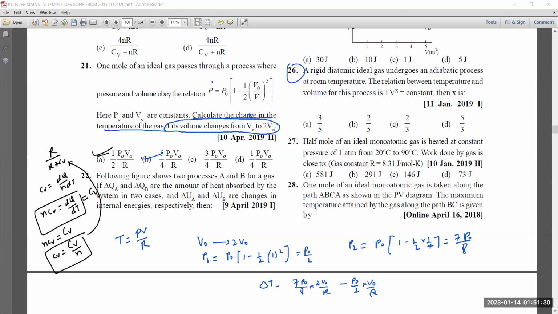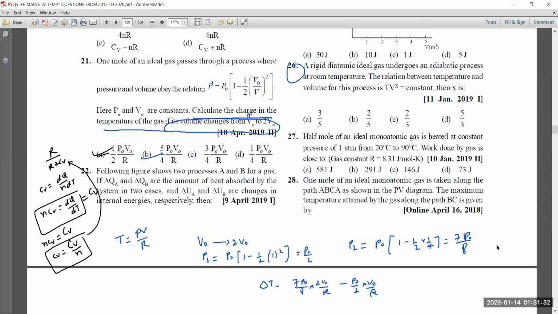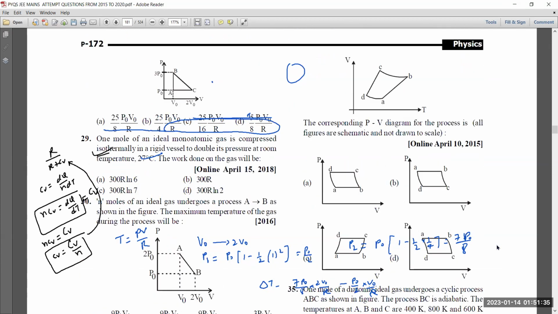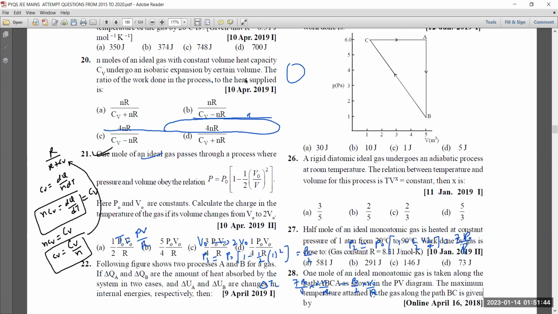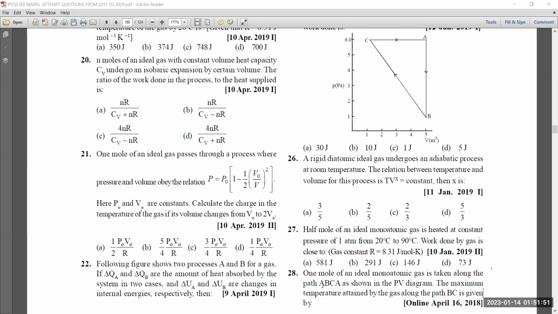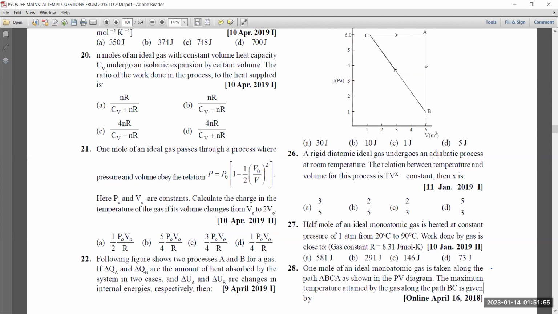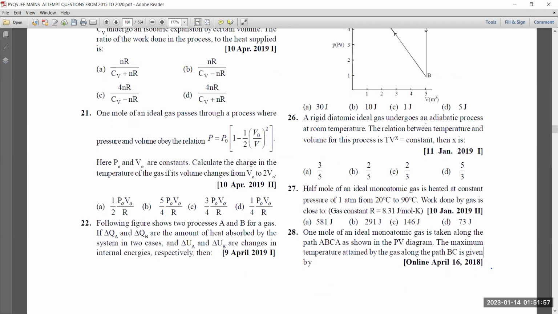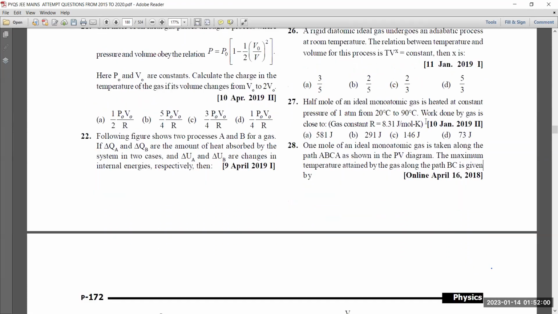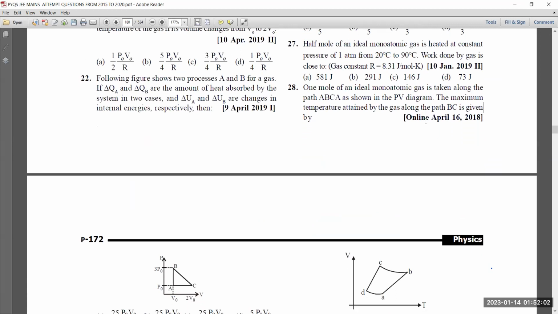This chapter, I'm sure you will be able to solve if thermo comes in the exam. And the famous question, do you remember this question? I was looking for which question. 28.